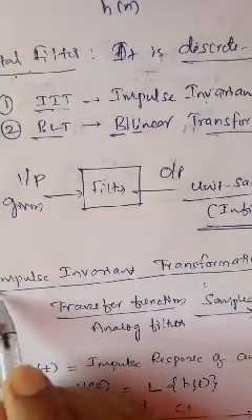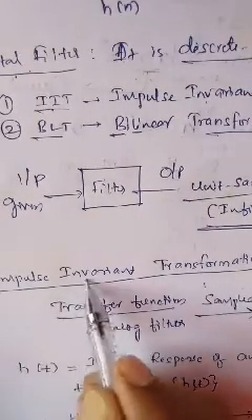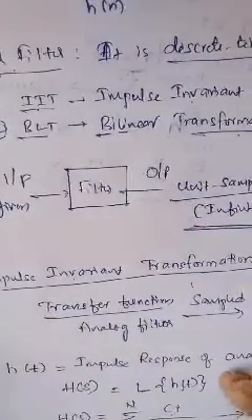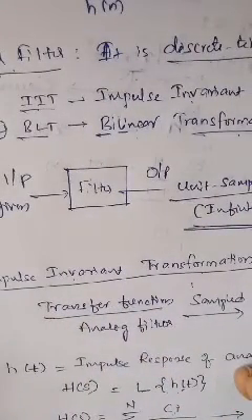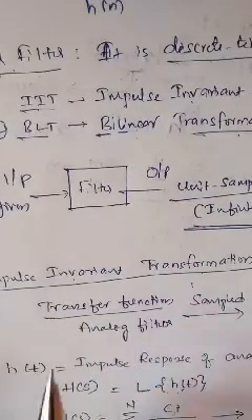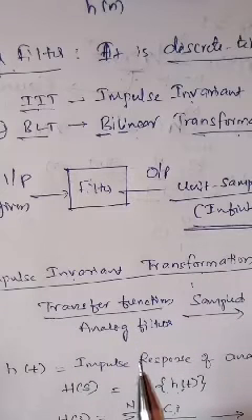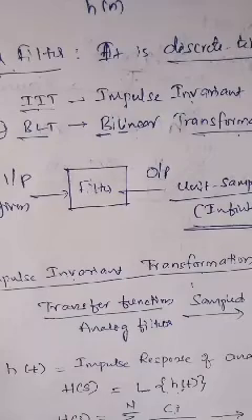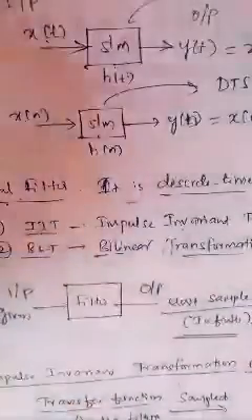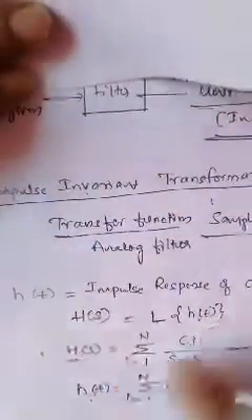Here also the objective of impulse invariant transformation, IIT, is to develop an IIR filter transfer function whose impulse response is the sampled version of the impulse response of the analog filter. Nothing but we are designing the digital filter.